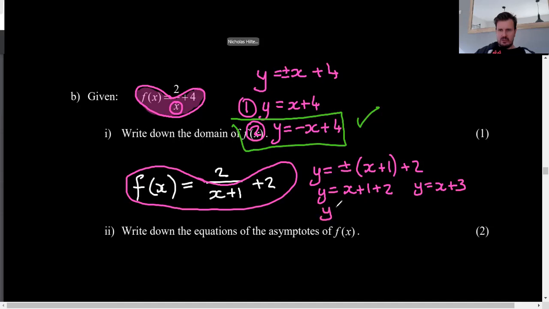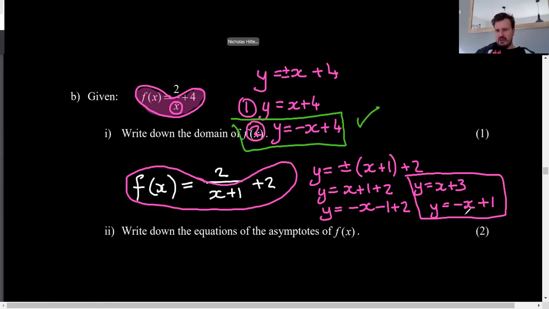When it's negative, it's negative x minus 1 plus 2, so y equals negative x plus 1. And those are your two axes of symmetry. The one with the negative gradient has a negative value in front of the x. And we know there'll always be one with a positive and one with a negative gradient.